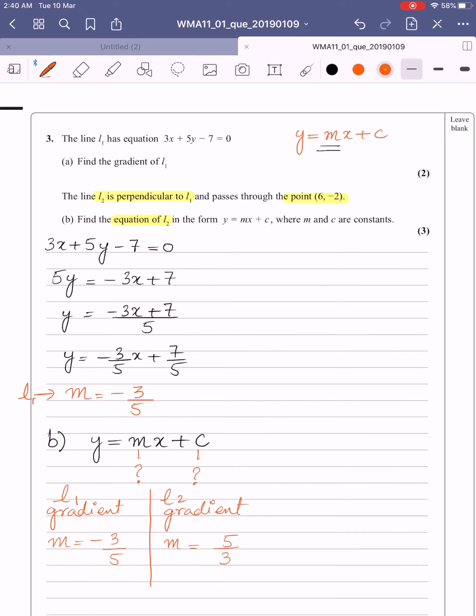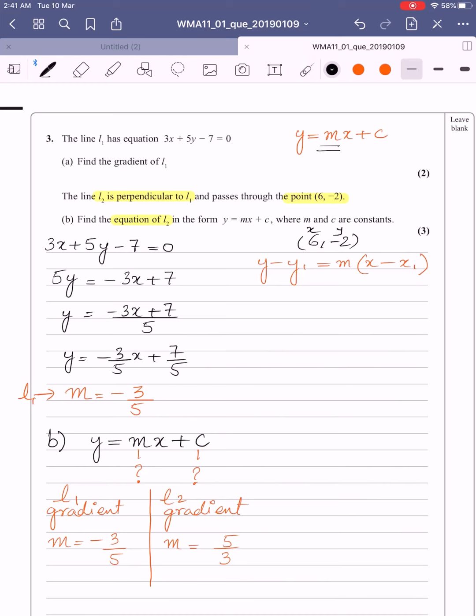So we can write the equation y minus y1 is equal to m into x minus x1. And now we can plug in values that we know to find the equation of a line. So plugging in values, we know that the point that passes through the line L2 is 6, negative 2, and 6 is the x coordinate and negative 2 is the y coordinate.